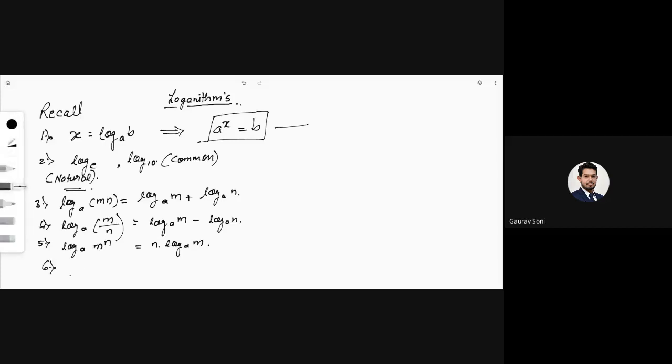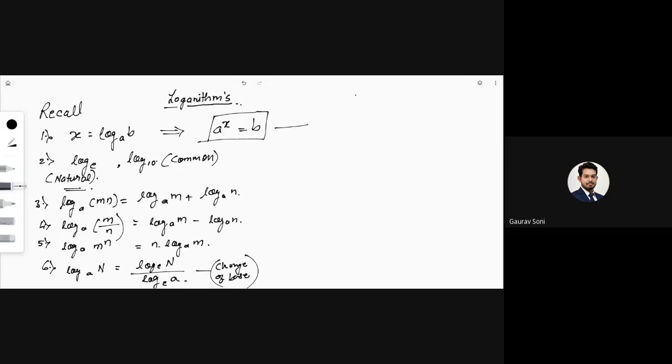Sixth one, this is the change of base formula, which says that log to the base a of n is nothing but log to the base e of n upon log to the base e of a. So this is called the change of base formula.